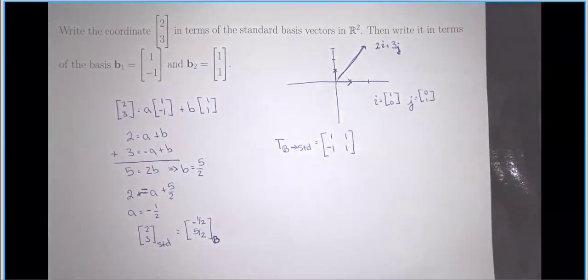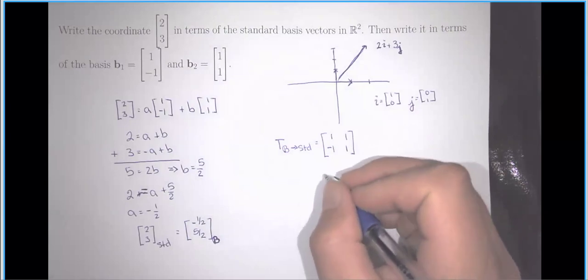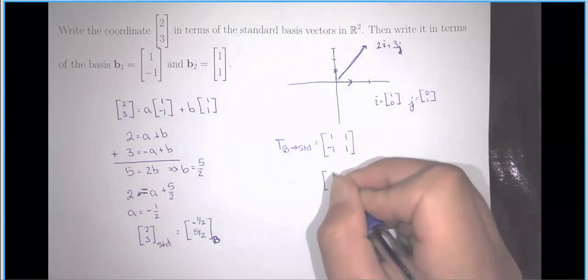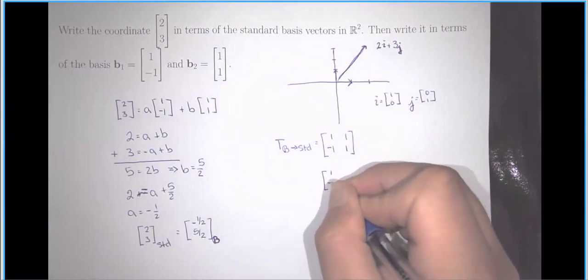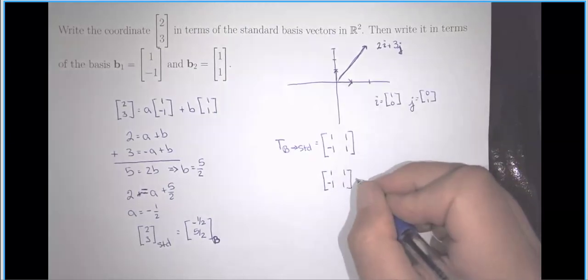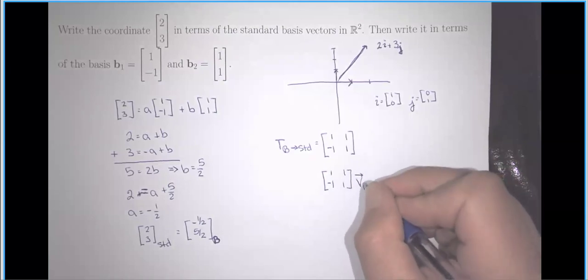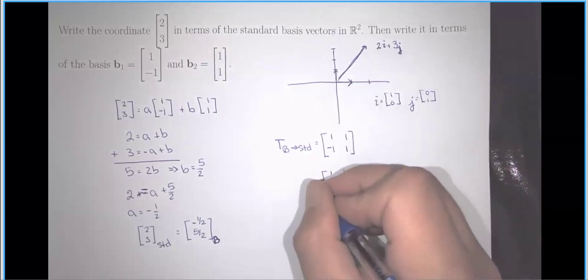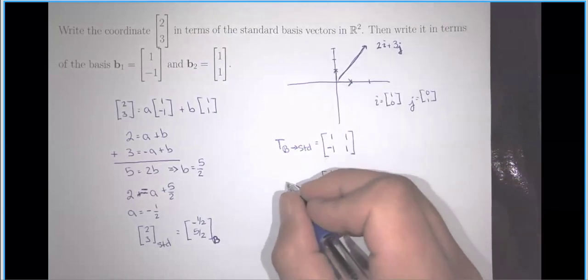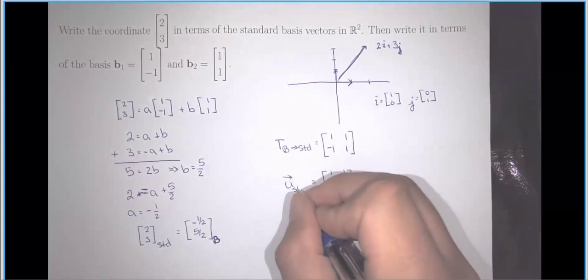If I took a vector V in terms of basis B, and I took my transformation matrix, this is going to give me some vector u in terms of the standard basis.